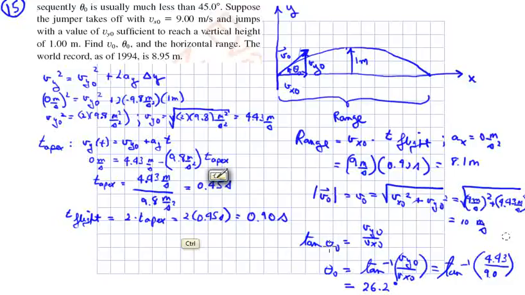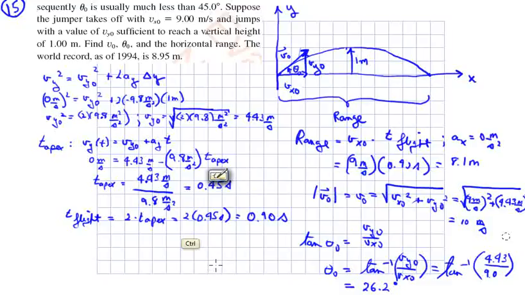And I can calculate the projection angle, theta naught: tan theta naught is the ratio of vy naught over vx naught. So theta naught is equal to the inverse tangent of that ratio. Inverse tangent of 4.43 divided by 9, where the units top and bottom cancel out, is 26.2 degrees. As stated earlier in the problem, it's quite a bit less than 45 degrees.